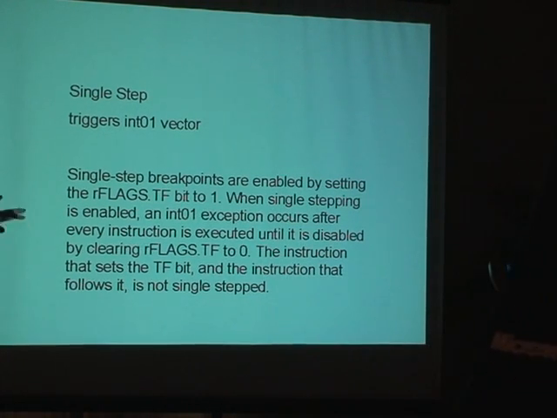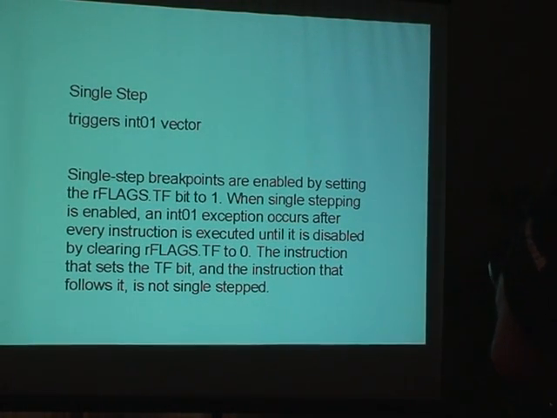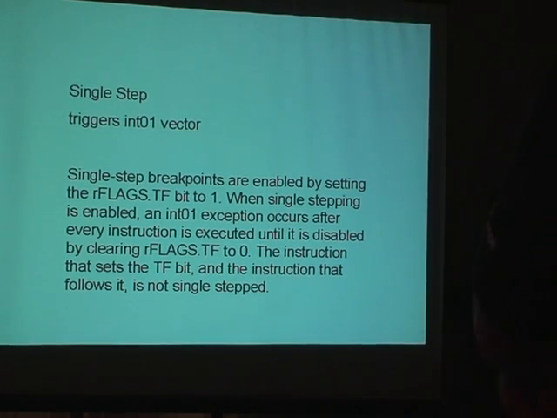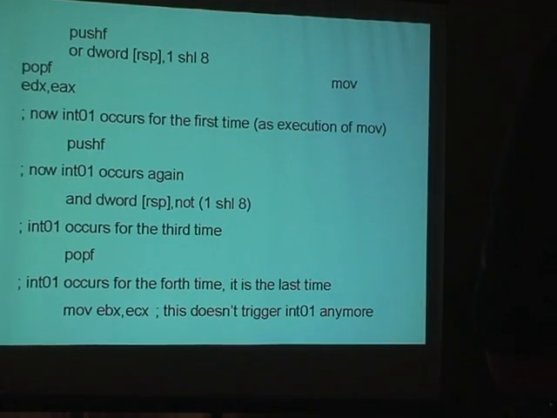When single stepping is enabled, the interrupt 1 exception occurs after every instruction which executes, until this bit is disabled and cleared. But the instruction which sets the trap flag bit and the following one is not single stepped. I'll explain it. Just a second.